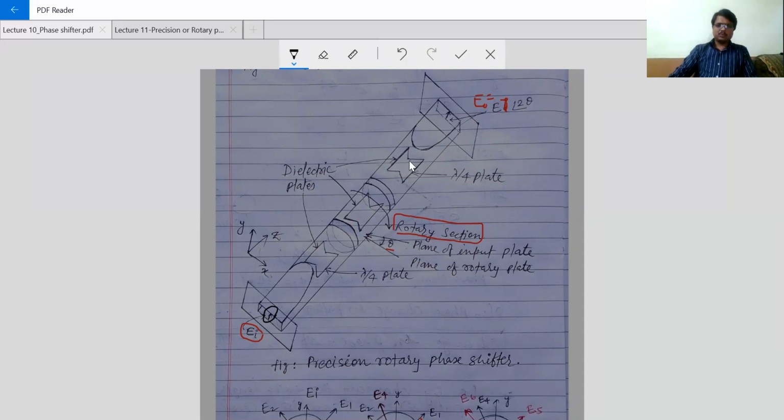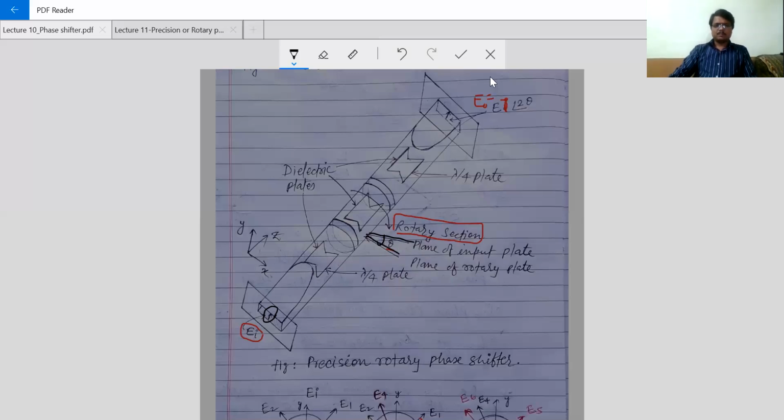And this output lambda by 4 plate is also in the same plane as the input lambda by 4 plate, and this rotary section is theta degrees apart from the plane of the input plate or from the plane of the output plate. Let us suppose this is the plane of the rotary plate and this is the plane of the input plate, then the angle between these two plates will be equal to theta.